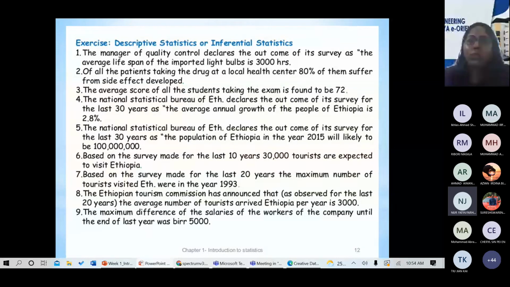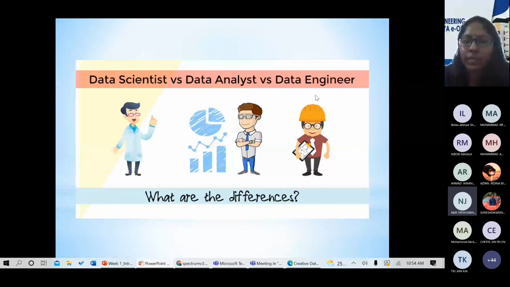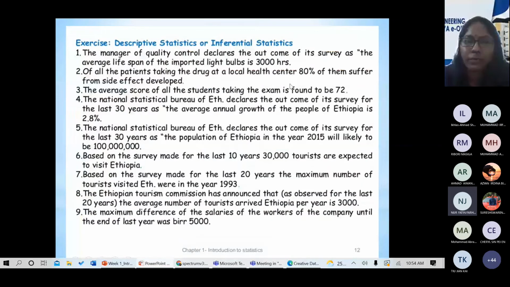Okay. So this one is descriptive from what we have seen, and it's just giving a survey result found to be 72. That's it. There's no other information being given. Either they passed, they failed, they did well, they did poorly, nothing.